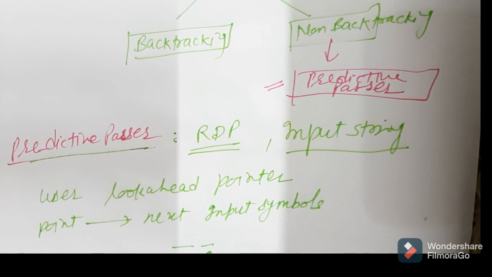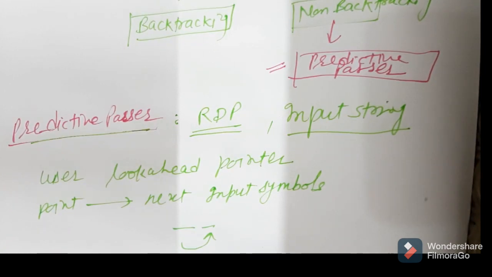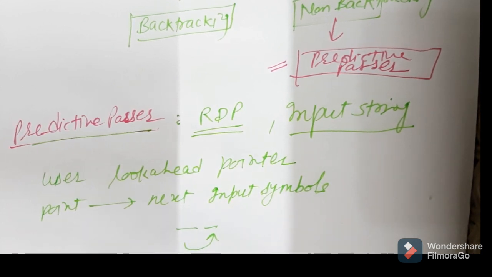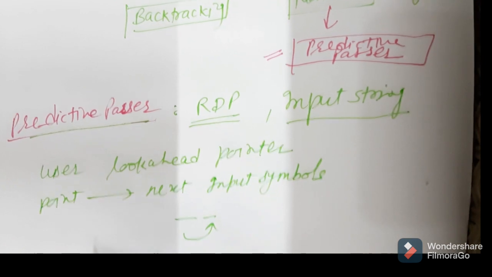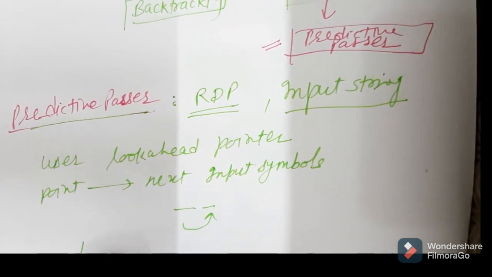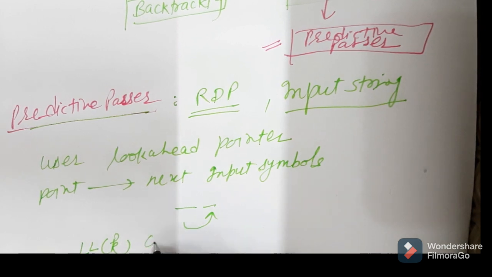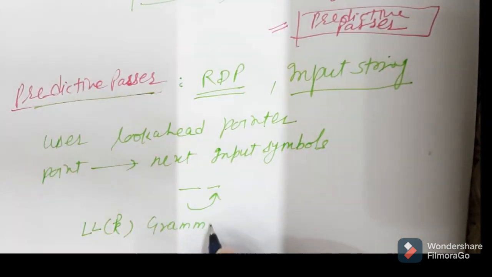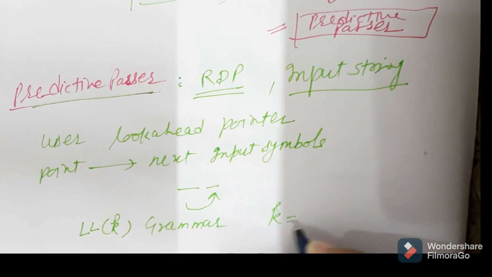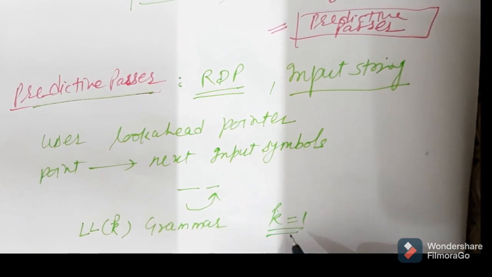To make the parser backtracking free, predictive parser puts some constraint on the grammar. Constraint means there is some restriction on the grammar, and what type? It uses only LL(K) grammar. Here K we take as 1.